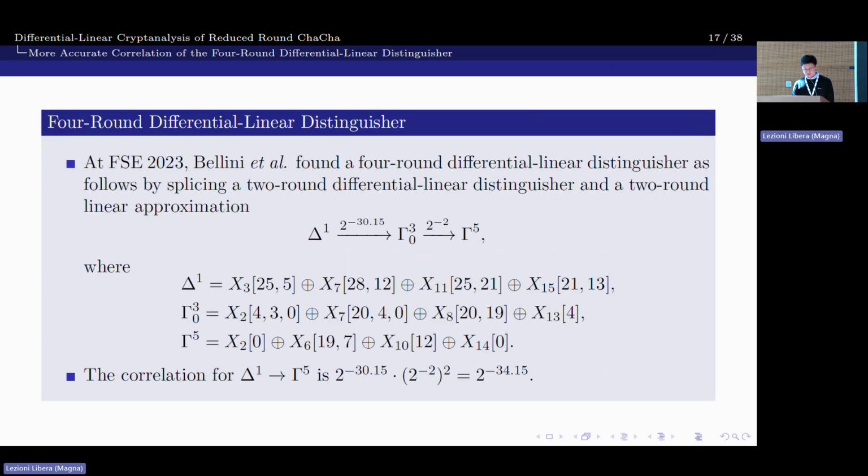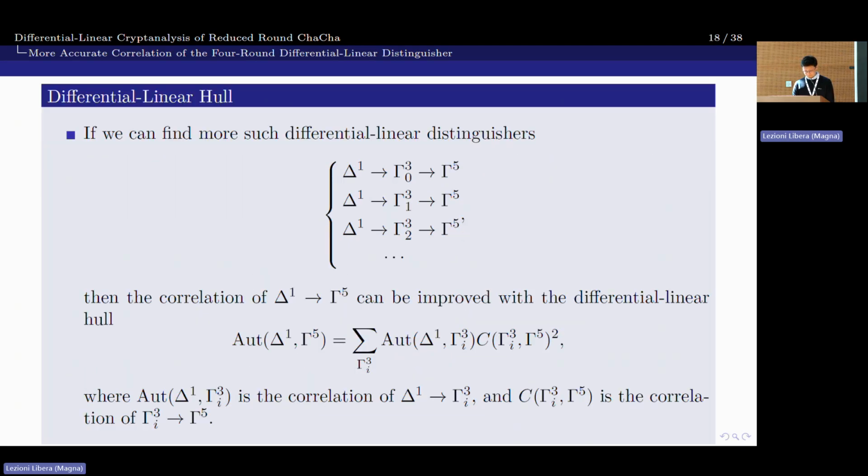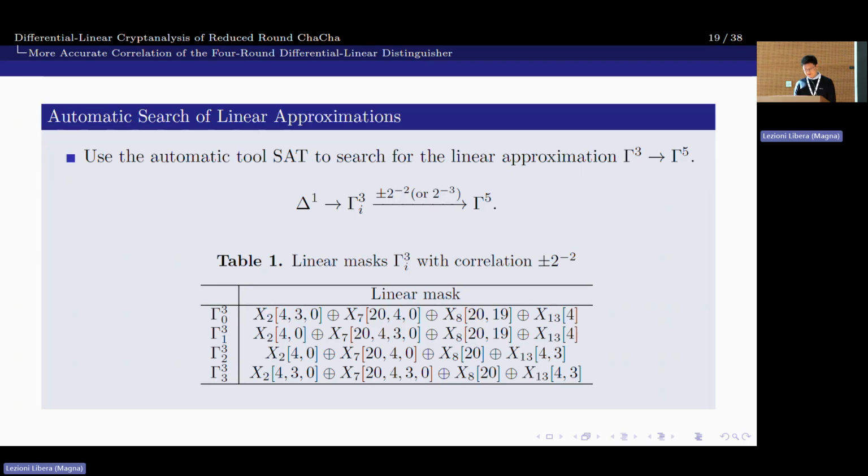At FSE 2023, Beierle found a 4-round differential-linear distinguisher as follows. This is a 2-round differential-linear distinguisher and 2-round linear approximations. The correlation is 2^-3.4. We use a SAT tool to search more linear approximations, Γ3 to Γ5.